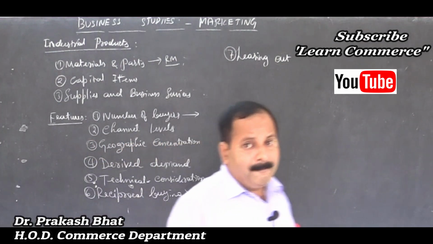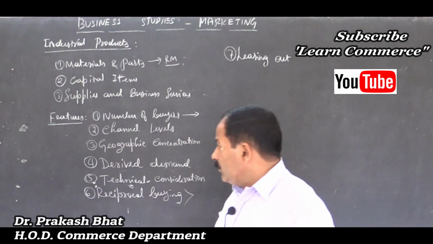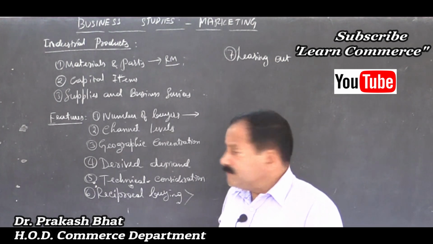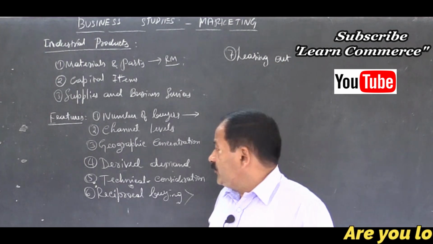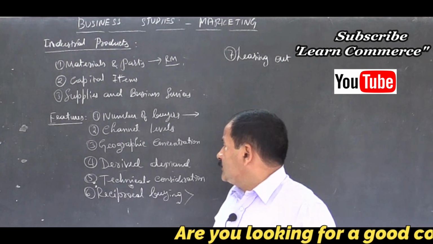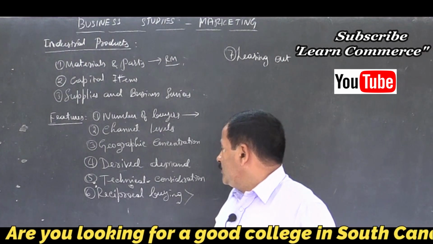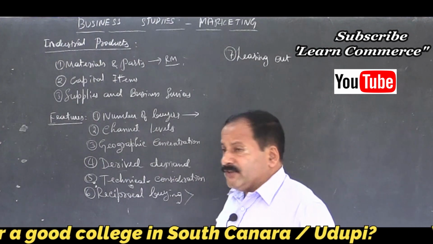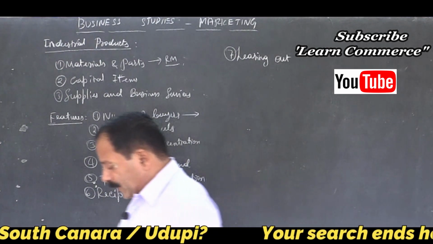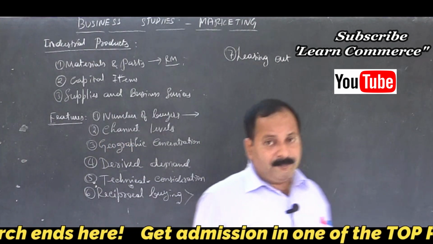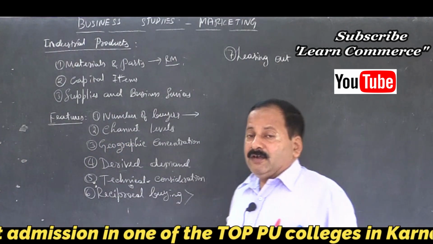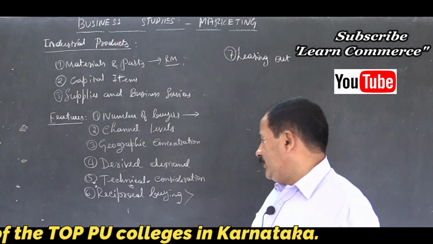Wherever there are human beings, there will be a demand for consumer goods, but industrial products are geographically concentrated. And technical concentration in case of consumer products is absent, but in case of industrial products, technical concentration is the most important feature.